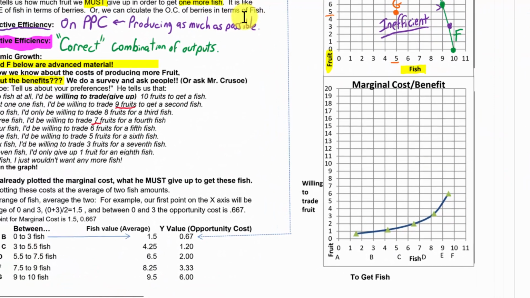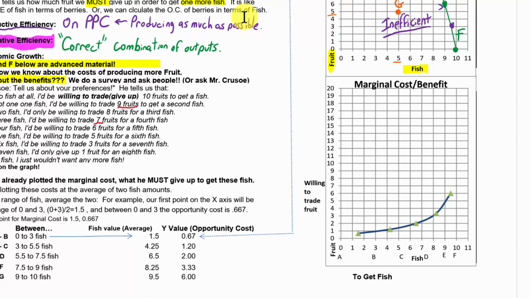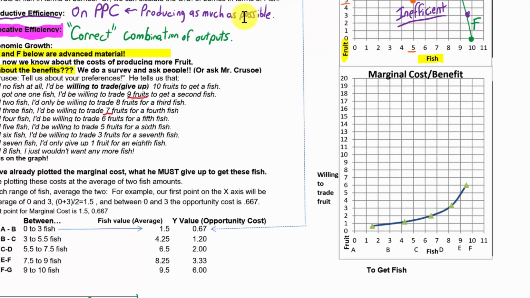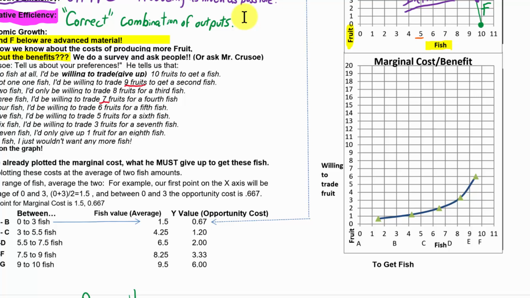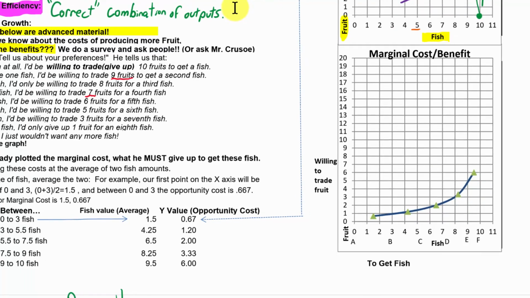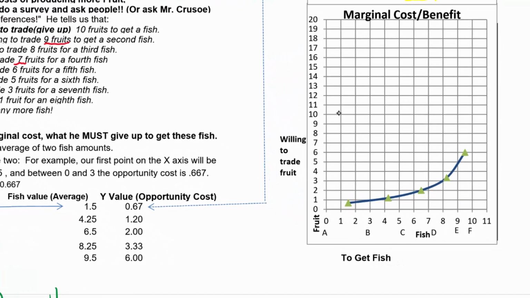Now, if we also graph Robinson Crusoe's responses, where he told us that he'd be willing to trade 10 fruit to get the first fish, and that he's willing to trade 9 fruit to get a second fish, and 8 fruit to get a third fish, and 7 fruit to get a fourth fish, and 6 and 5 and 3 and 1.